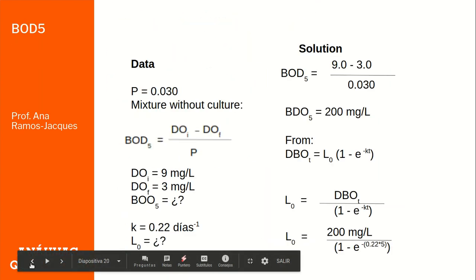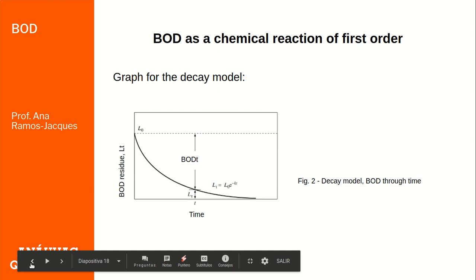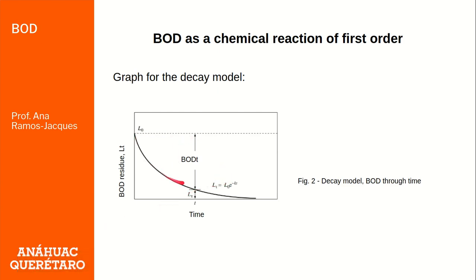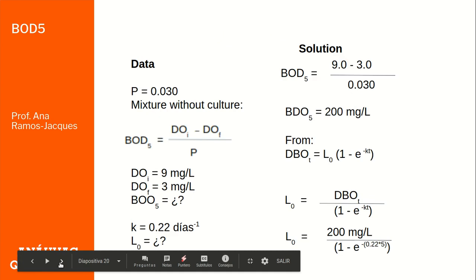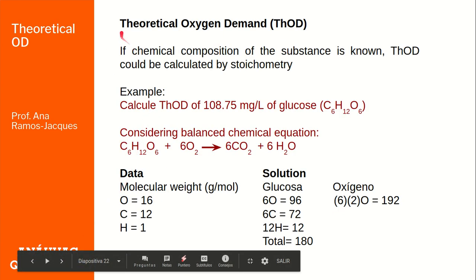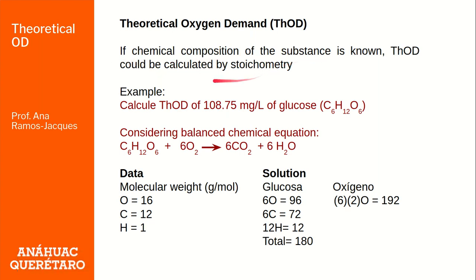The other values were calculated as a function of some experimental data, but this one is only theoretical. So if you have a chemical composition of the substance, then you can calculate the theoretical oxygen demand by stoichiometry.